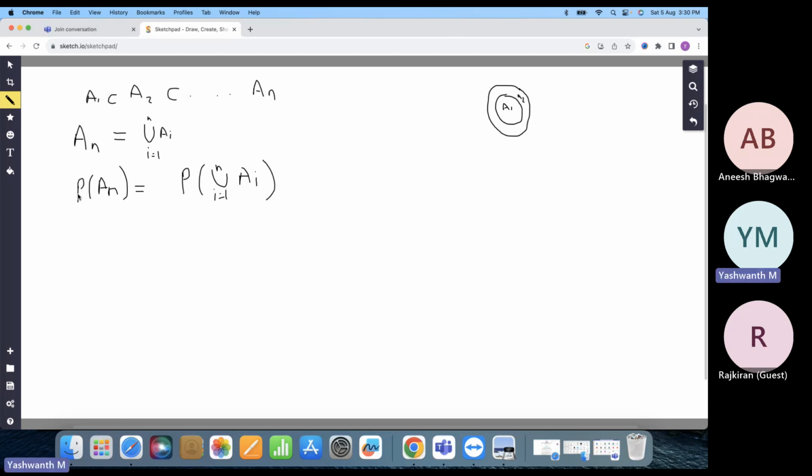So far this is clear, I'm just putting a probability measure on these two sets, which are equal.